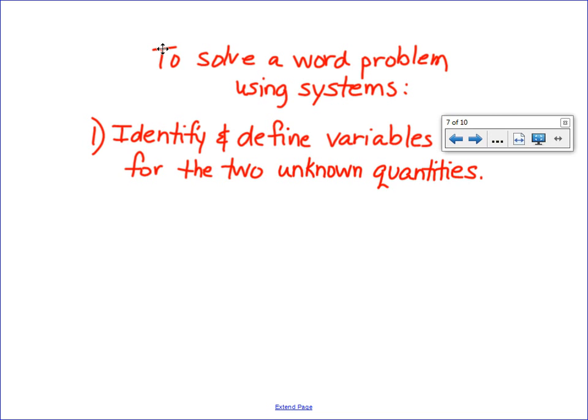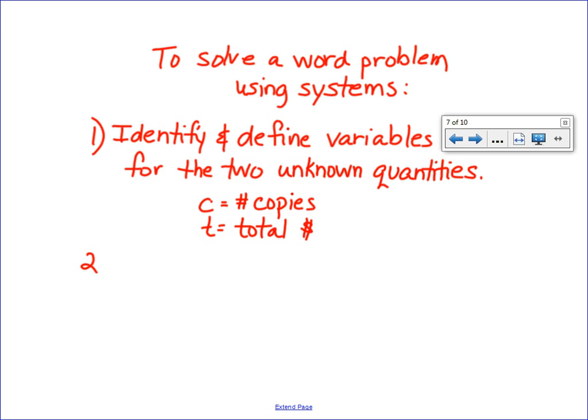And that's just a matter of choosing what you want them to represent. Like, for instance, we chose C to be the number of copies and T to be our total money. Okay, so that's what I mean by define.